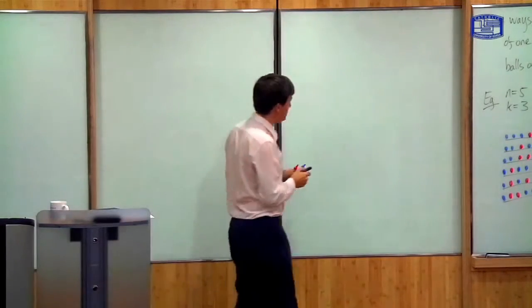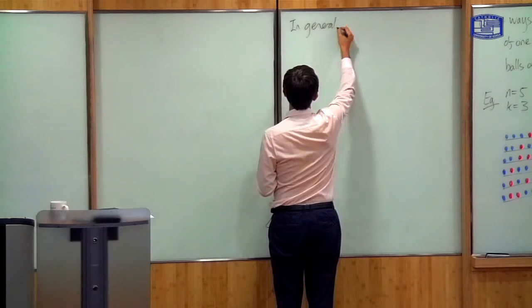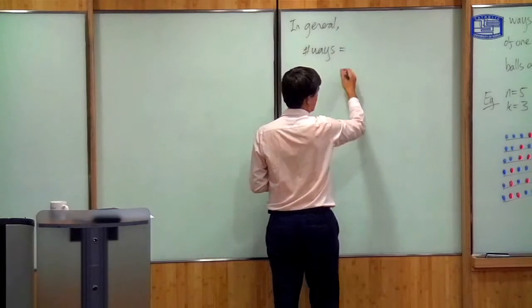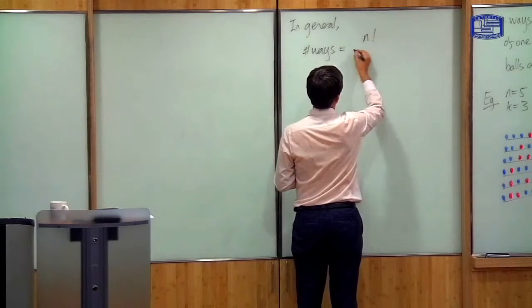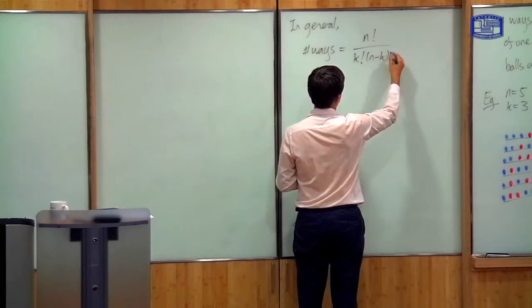Okay. So the general formula, the number of ways, you may know this already. It's n factorial divided by k factorial times (n minus k) factorial.